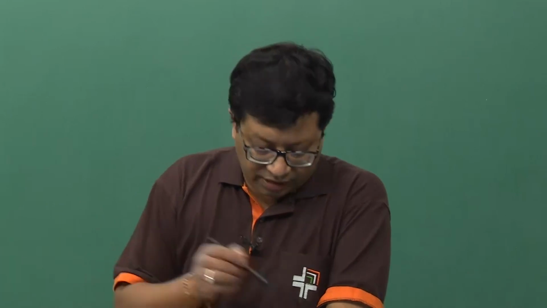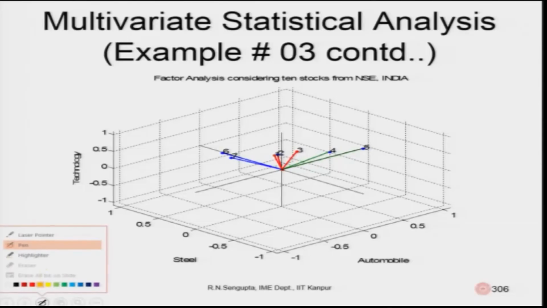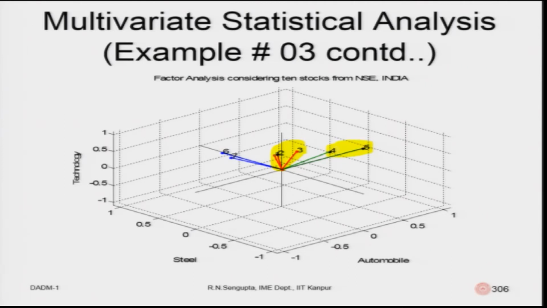So, this is the factor analysis which I do. Let me highlight. 1, 2, 3, which is the auto sector, are moving in tandem in this direction, while 4, 5, which is the steel sector, are moving in this direction. The angles would be important later on. They are not orthogonal.